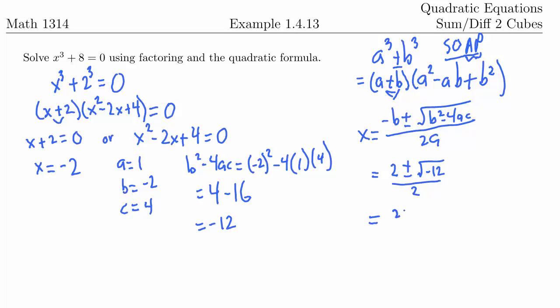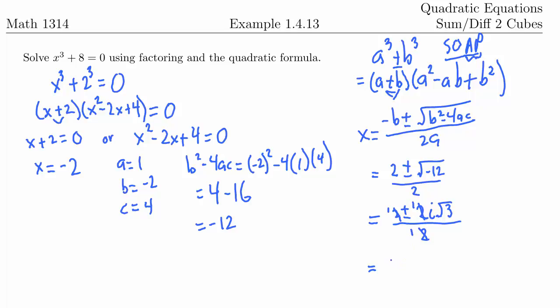Simplifying gives me 2 plus or minus the square root of 12, which is the square root of 4 times 3, so that's 2 square root of 3, but I have a negative in there, so I need an i right there, all divided by 2. 2, 2, and 2 all have a common factor of 2, so whenever I divide everything by 2, 2 divided by 2 is 1, 2 divided by 2 is 1, 2 divided by 2 is 1.